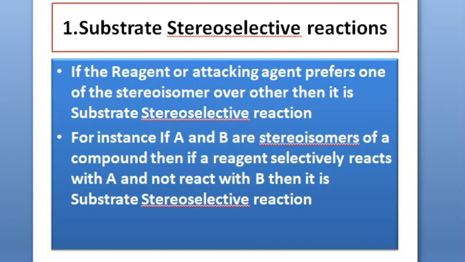In the reactant itself you have two stereoisomers involved, and if one of the stereoisomers is reacting and another is not reacting, or if one is reacting faster and the other is slow in terms of kinetics with the reagent, or in presence of the given solvent, chiral solvent, or a given catalyst, such reactions are substrate stereoselective reactions.